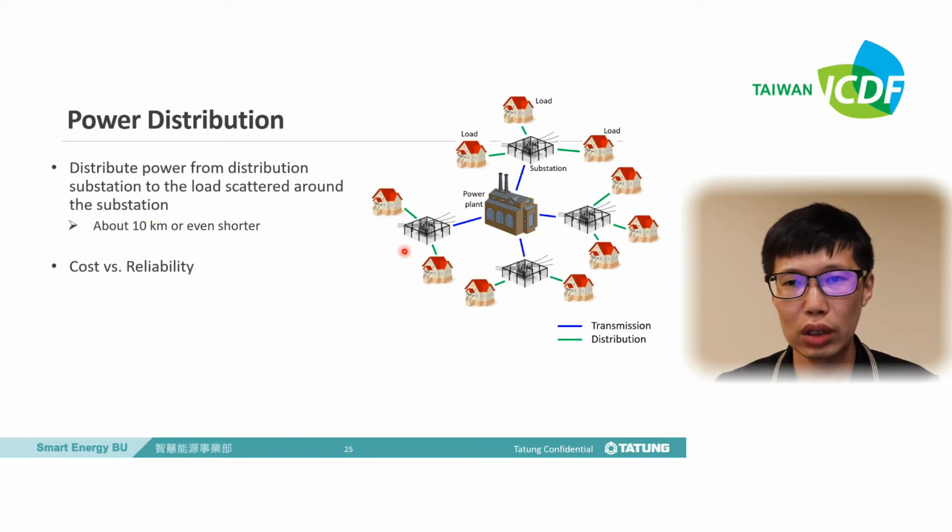It is the green lines here. The distribution distance is about 10 kilometers or even shorter. And there is usually a trade-off between the cost and the reliability of the distribution system.